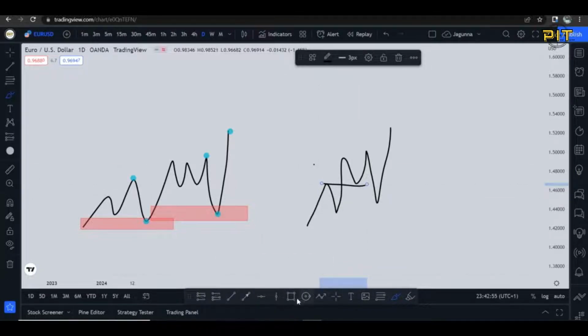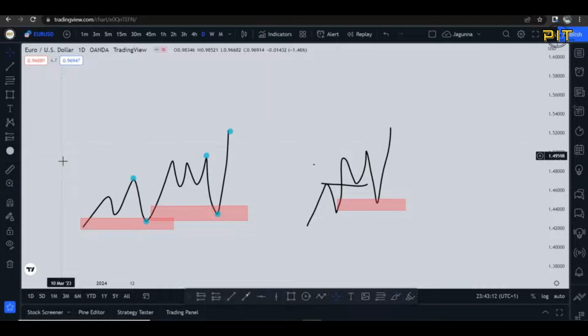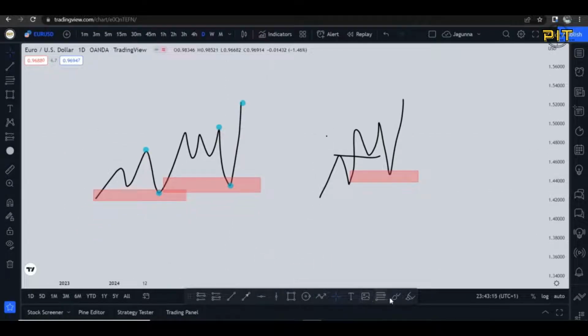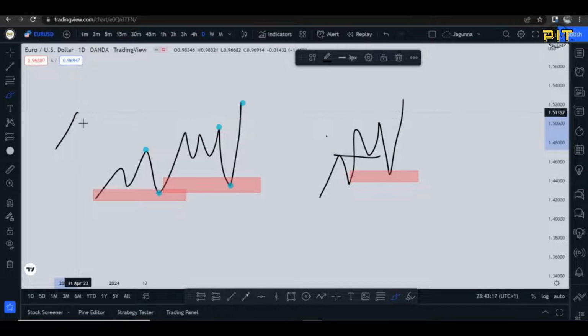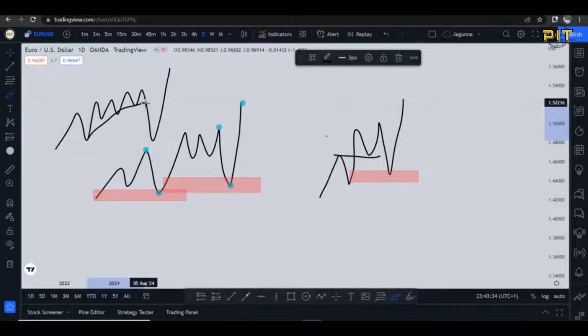But price will drop down to the downside to this zone here, where the order block that sponsored the break of structure lies. This is now regarded as liquidity, and then price will come down to this point and then push price to the upside. Or you can find a scenario where price comes, does something like this, comes back down, does something like this, and again, then drops to the downside and then moves to the upside, now creating more of a trend line for you.